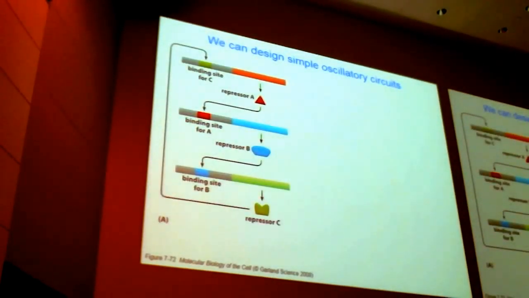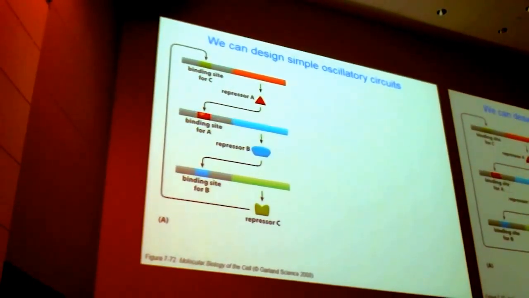And we know that just these things are sufficient for oscillation because you can recreate this circuit artificially. So consider this circuit here where you have, let's say, repressor A, B, and C. And it's set up such that there's a binding site for C in front of the repressor A protein.